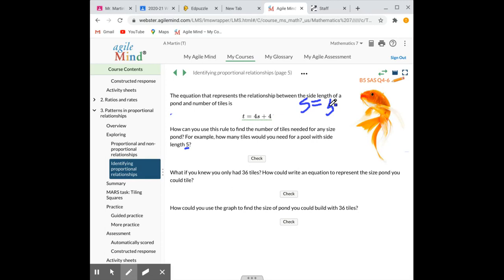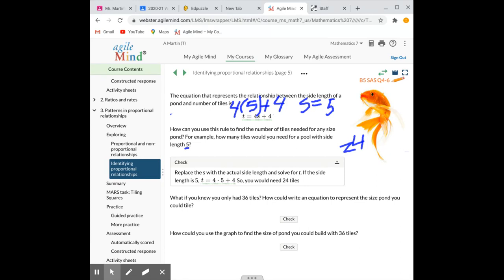Yeah, it will be equal to 5. So that means we've got to do 4 times 5, and then we've got to add what? Not S, but 4. So what's 4 times 5? 20. What's 20 plus 4? 24. All right, so we're going to check our answer and see if that's right.